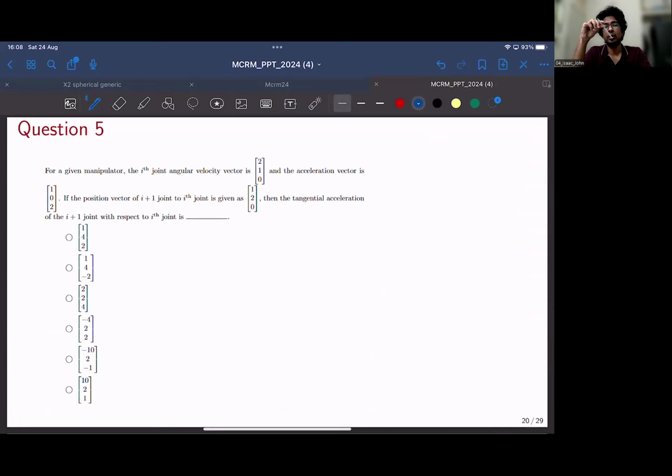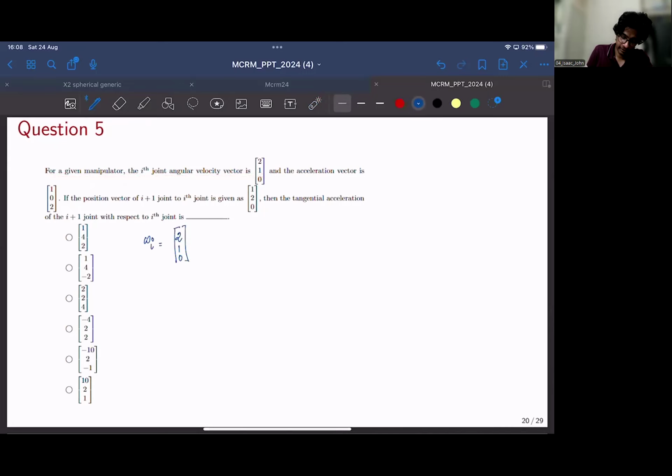And moving on to question 5. Again, it's a numerical problem. It says, for a given manipulator, the ith angular velocity, omega i, is given as 210.